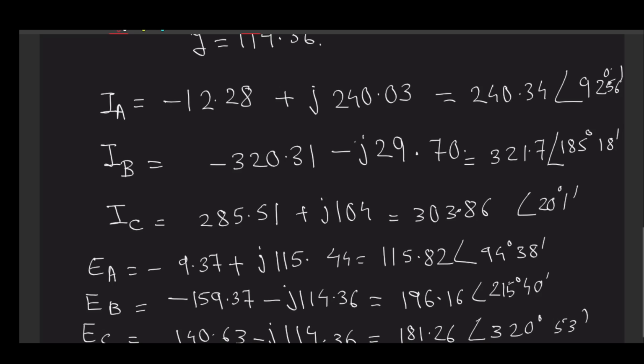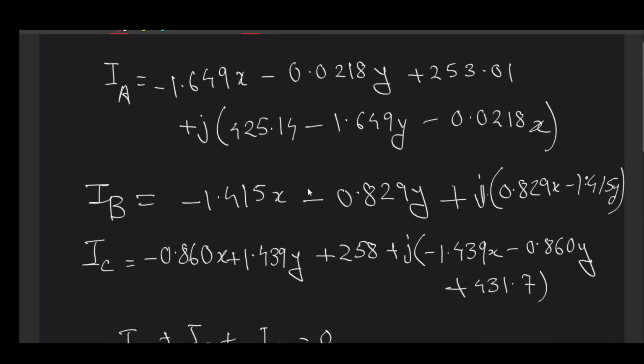I want interested students to ask questions on this: what is the interpretation of these different IA, IB, IC? Okay, by solving the equations we are getting this, but what is its physical interpretation, that we must understand, right?